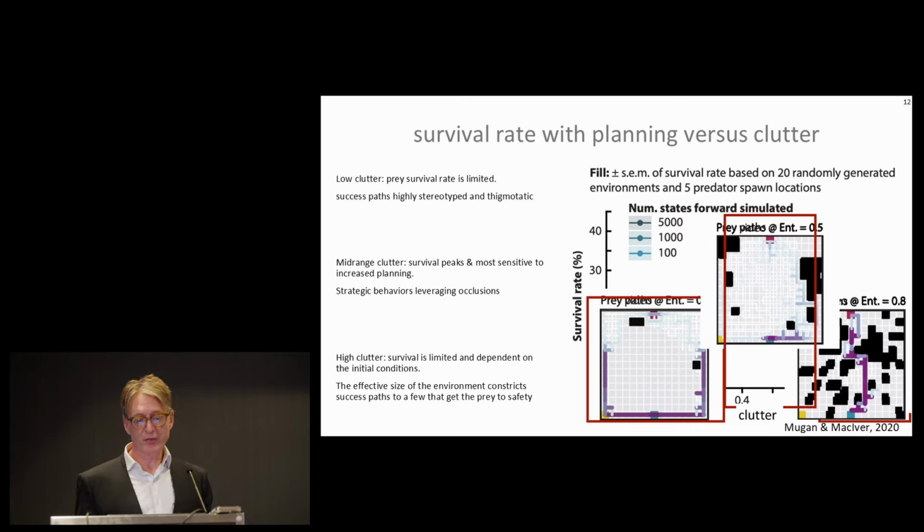Here we have 100 states forward simulated, 1,000, 5,000. And look at the signal in the mid-clutter regime between 0.3 and 0.7. Not only do we get a big boost in survival rate, remember 10 was the highest we had before, but now we have unlimited visual range of a very small world.